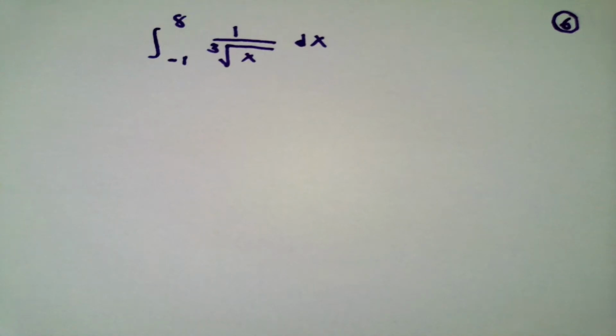Integral from -1 to 8, 1 over cube root of x dx. 1 over cube root of x is undefined at x equals 0, so we're going to have a vertical asymptote there.